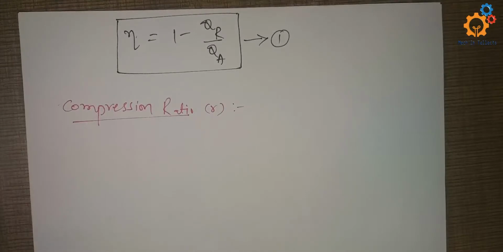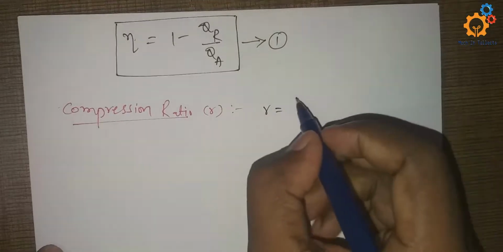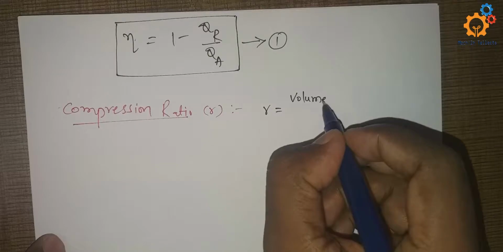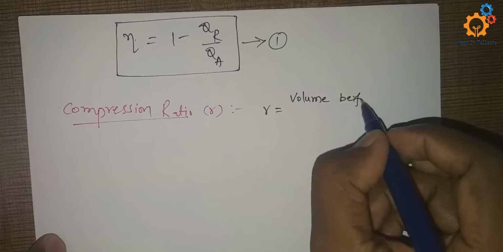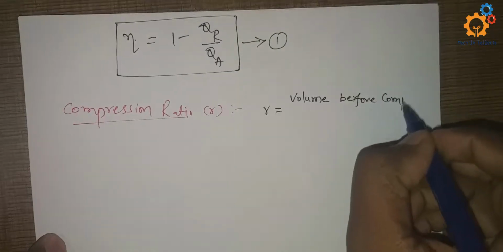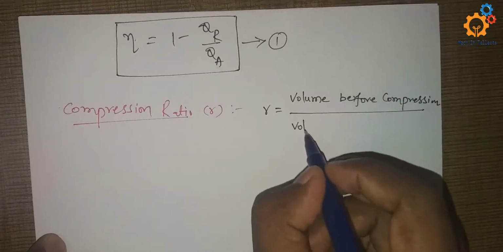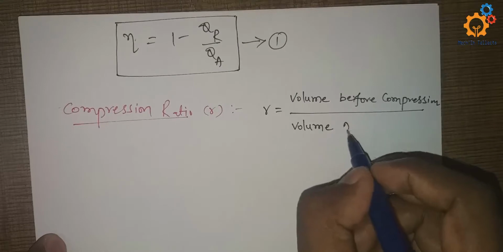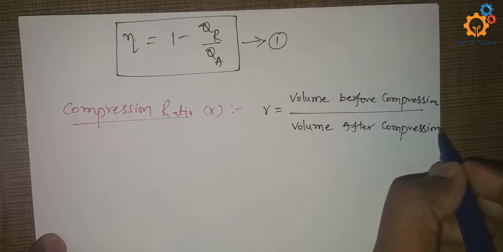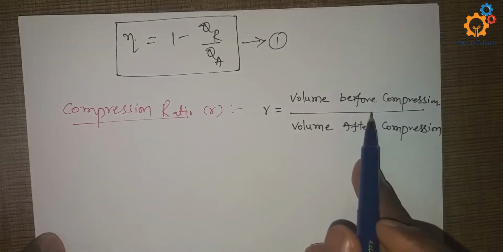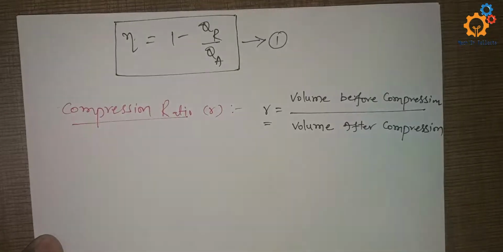Compression ratio is the ratio of, R is the ratio of volume of the cylinder before compression to the volume of the cylinder after compression. Okay, the ratio of volumes before compression and after compression is known as compression ratio R.